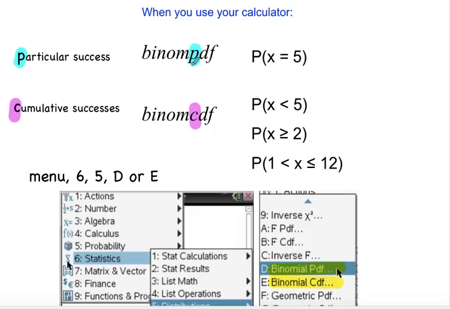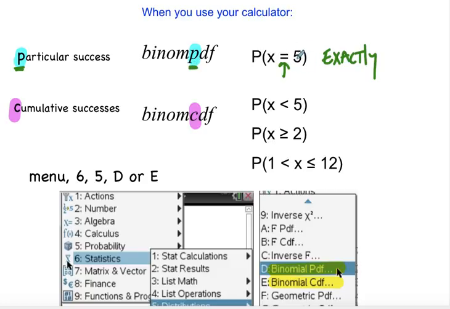The difference is, PDF stands for a particular number of successes. So you would use that when you're trying to find the probability of exactly some number of successes.